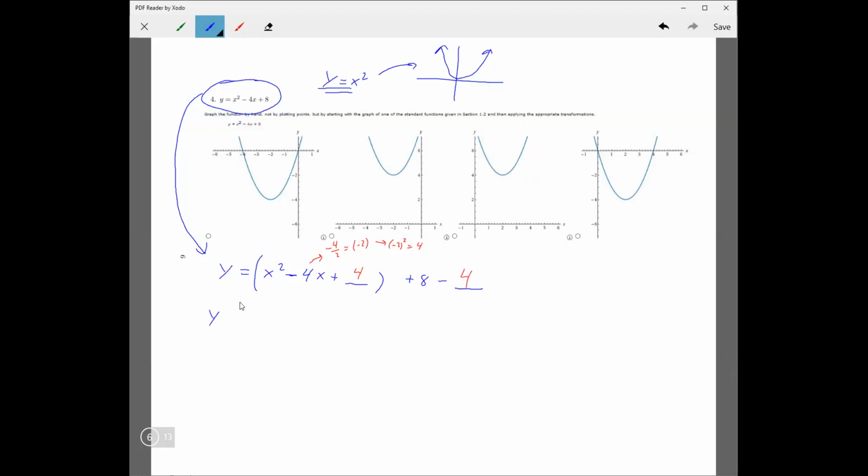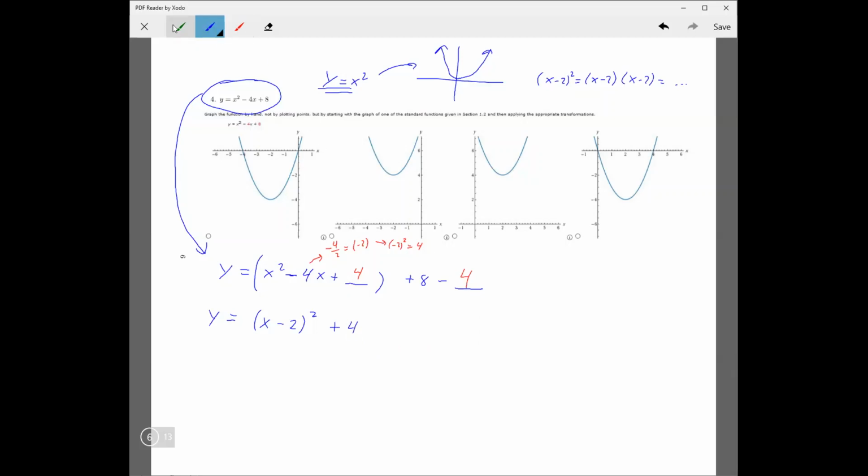Because if you do that, all this becomes just (x - 2) squared. You can verify that by multiplying those out, using the FOIL method or whatever, and you're going to get this. And then over here, this is a 4.